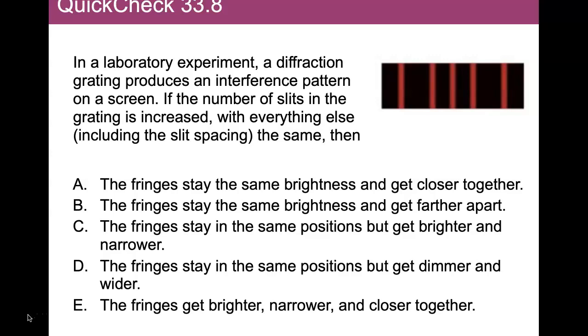So it doesn't depend on n, the number of slits. So the fringes should stay where they are. So A is wrong, B is wrong, E is wrong. So we're in between C and D, right? The fringes must stay in the same place.